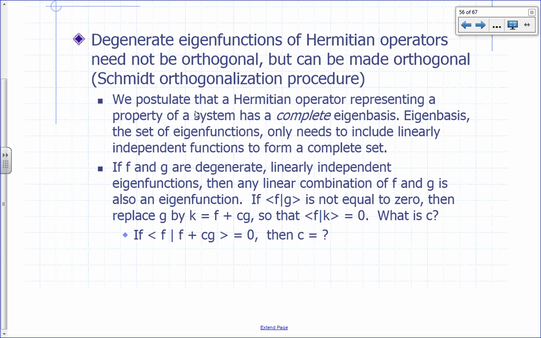So we said that if f and g are degenerate and linearly independent eigenfunctions, we're going to elaborate about linearly independent later, then a linear combination of f and g is also an eigenfunction. You already know that, right? So let's suppose that we have two degenerate eigenfunctions, but the integral of f star g d tau is not equal to 0.